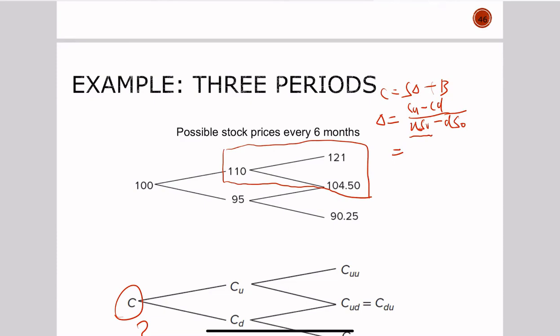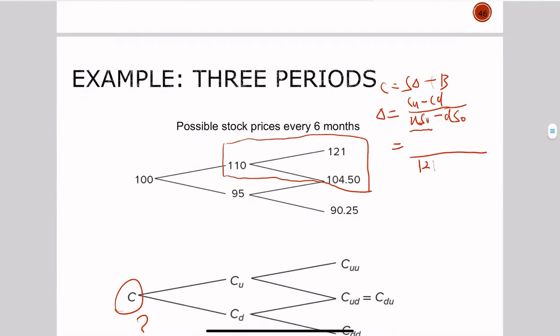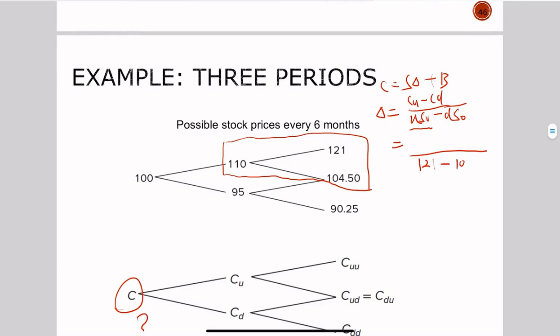So here you can see that if the stock price increases, it would be 121. And if this stock price decreases, it would be 104.50. And now what is Cu? Well, we know the exercise price is actually 110, right? So the Cu is 11, right? It's essentially 121 minus the exercise price.